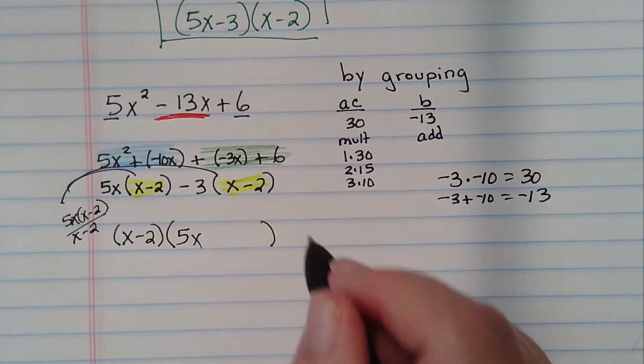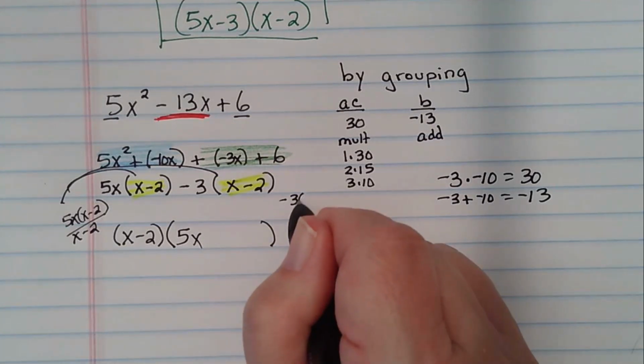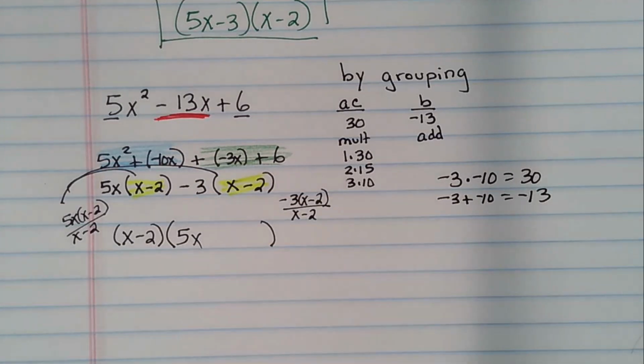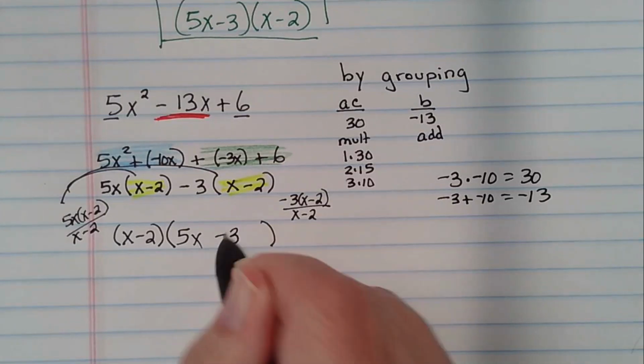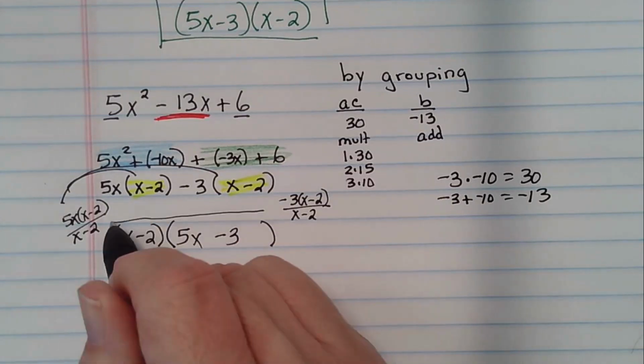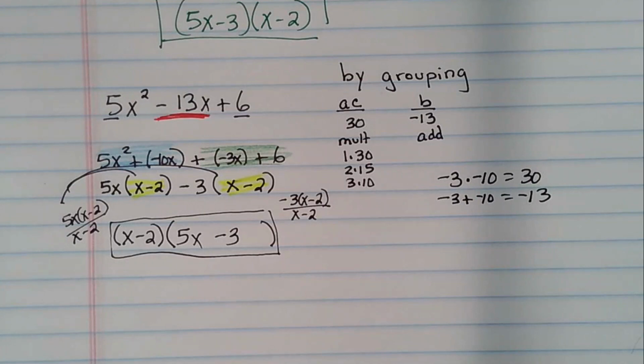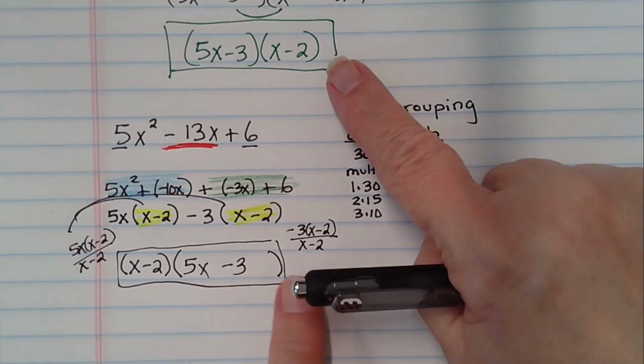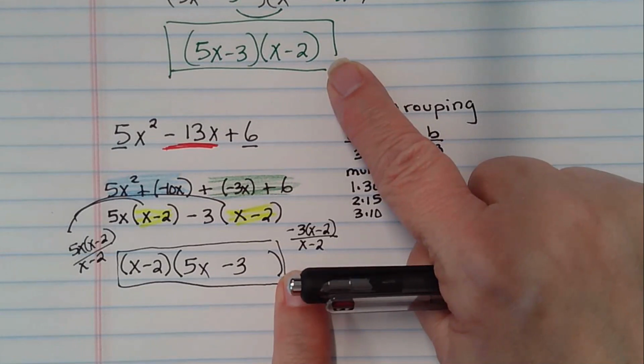If I take my second term, negative 3 times x minus 2, and I divide by x minus 2, what do I have there? Minus 3. So those are my factors. Compare that with our other answer. Same answer, right?